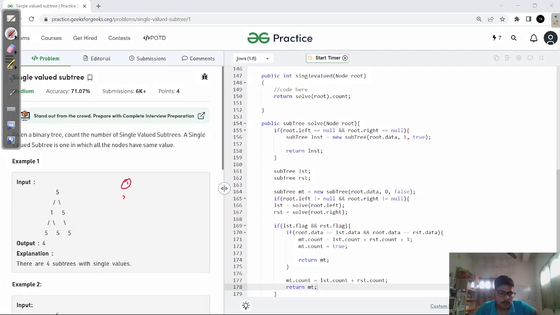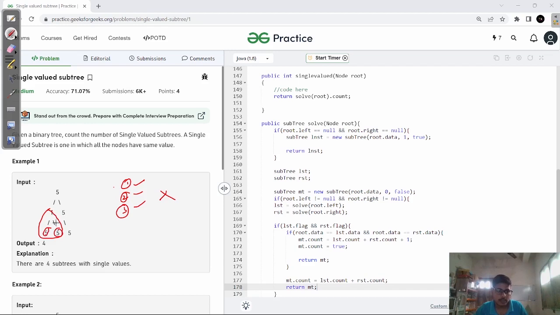See, what I am telling is these are three conditions to be a single value subtree for me, right? So if all three are true, I am giving my result as true. But if I got my result as false, some of the three or all of the three are wrong or false, then I am not a single value subtree. In this case, I am not a single value subtree, but I have some subtrees which are single value subtree.